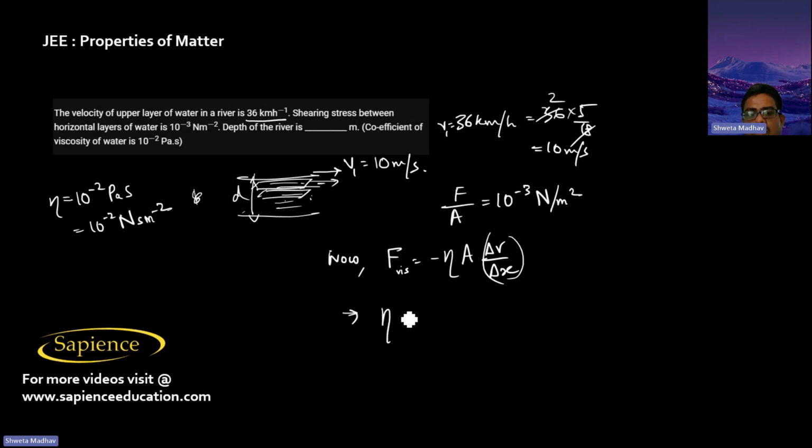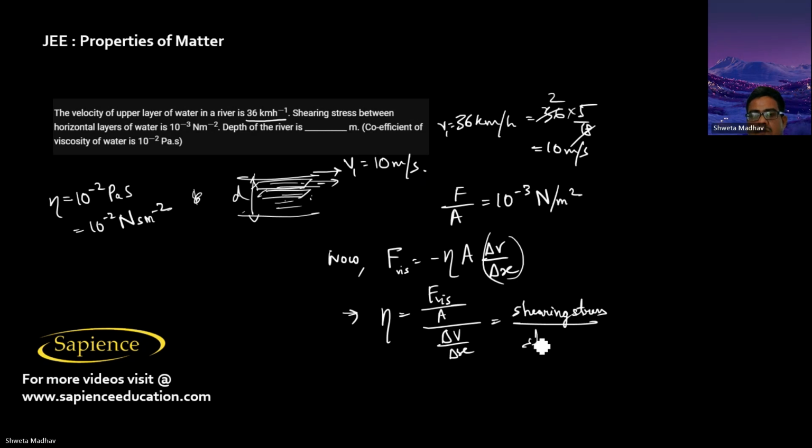So therefore, eta, I can say, is the viscous force by A divided by delta V by delta X. It is called the shearing stress by strain rate.